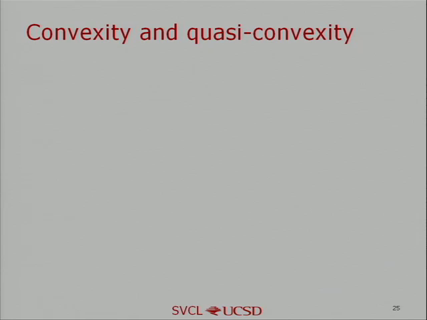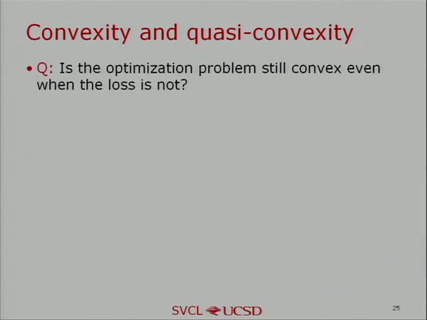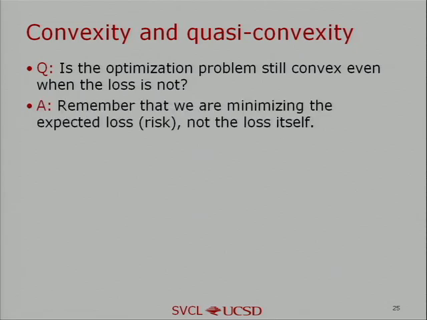Now, the main question is, is our optimization problem still convex even when the loss is not convex? The thing to keep in mind here is that we're not minimizing the loss, we're minimizing the expected loss, or the risk.